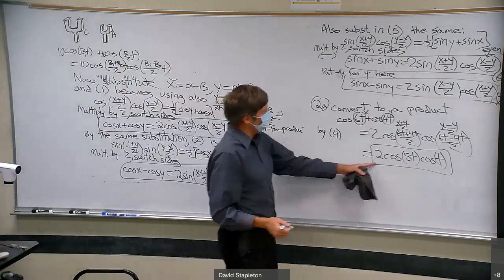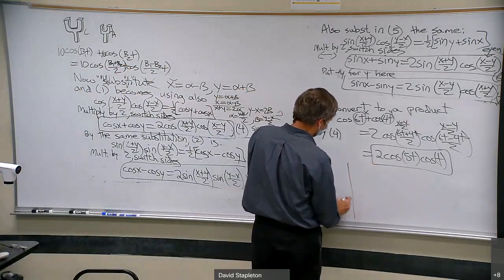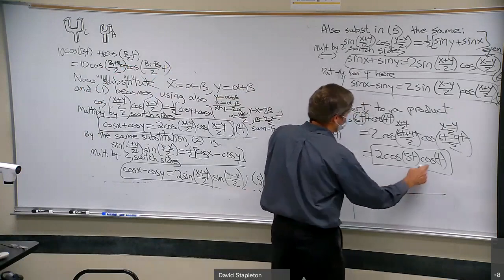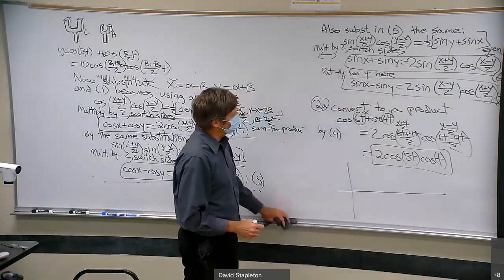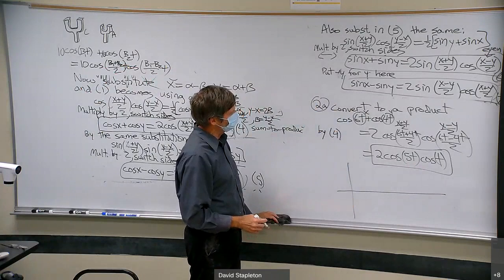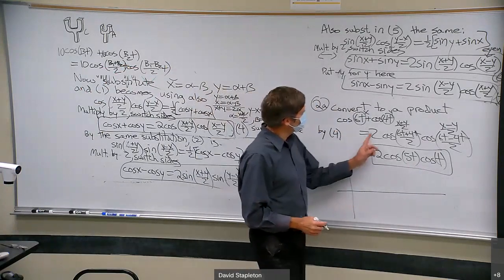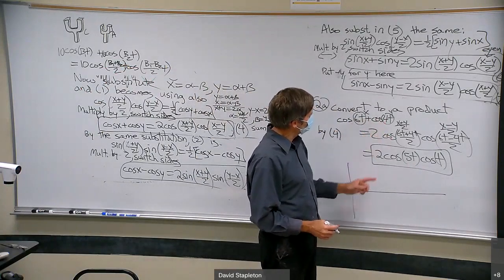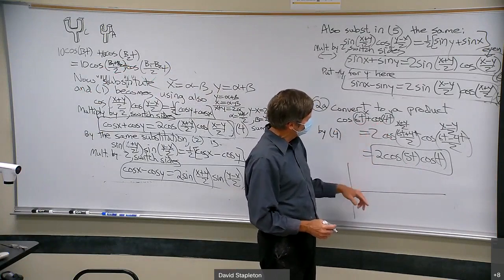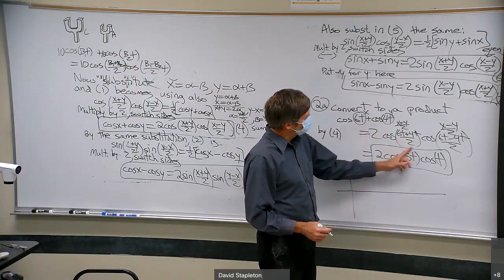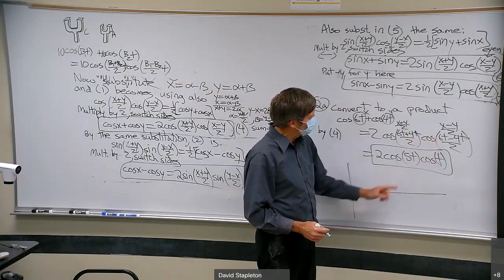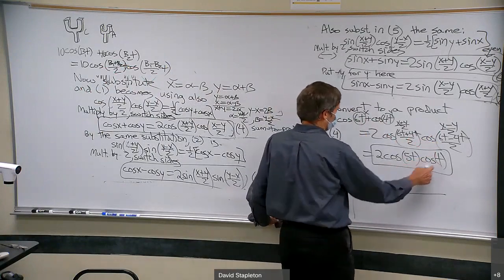For instance, on this one here, how do I figure out how to graph this when it's a product? Well, in general, it's kind of hard to tell what the product is. But when these two frequencies, these two B's here, are pretty close together, like 4 and 6, then when you add them over 2 and divide by 2, they give you very different numbers here. And so these actually have much different periods.